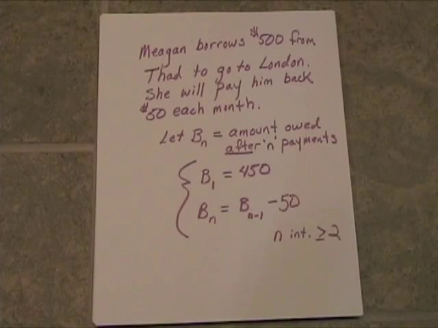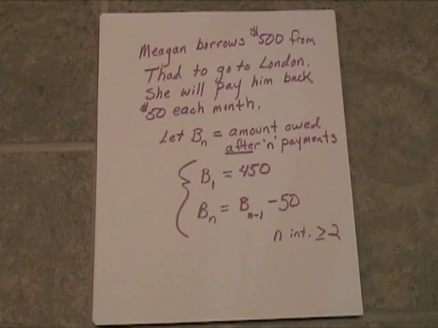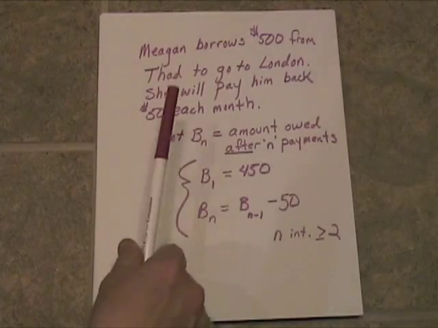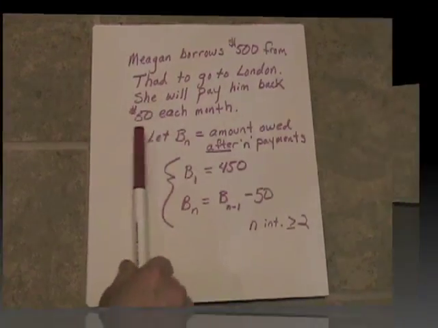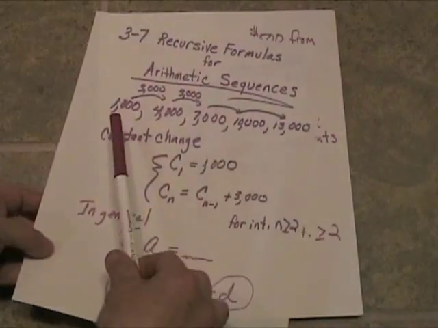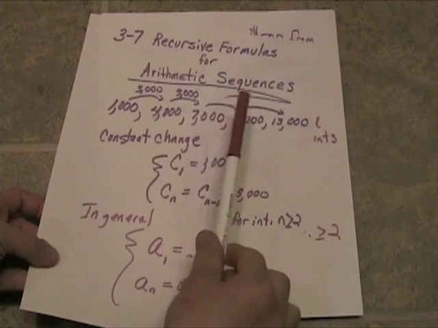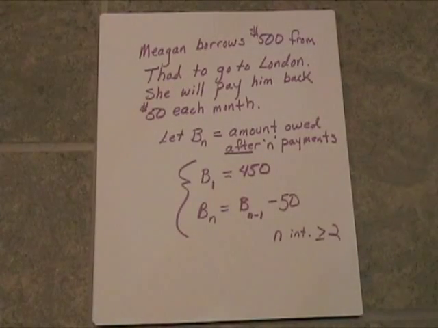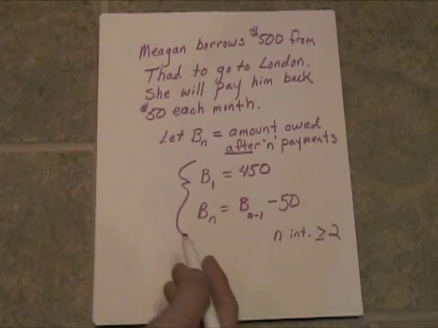All right, one other thing to mention. In both of these examples, the one with the oil change in the car and also with paying back the money, in every single case, we have a constant rate of change here. She keeps paying off $50 and $50 and $50. And here we keep adding 3,000 miles and 3,000 miles. So when we graph these, we will get a line.